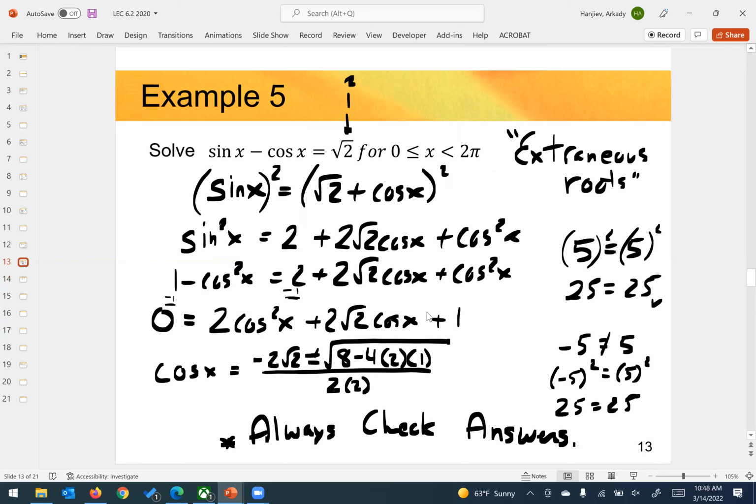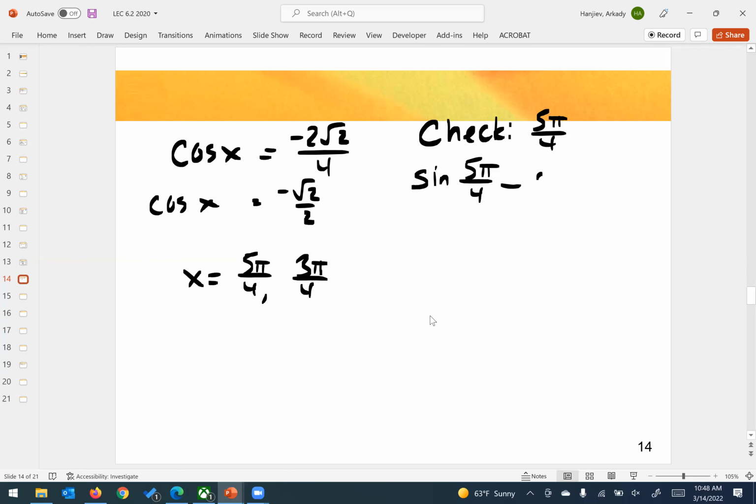Yeah, there should be easy angles here. So the question is, does this work? Is that true or false? Sine of 5 pi over 4, help me out here.